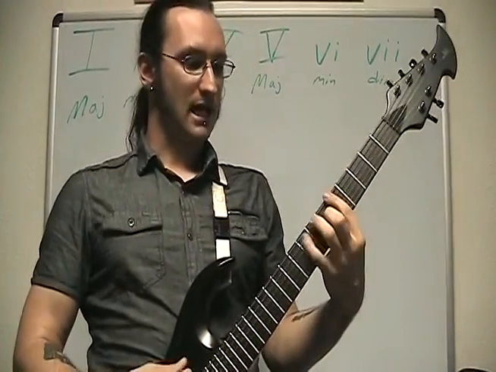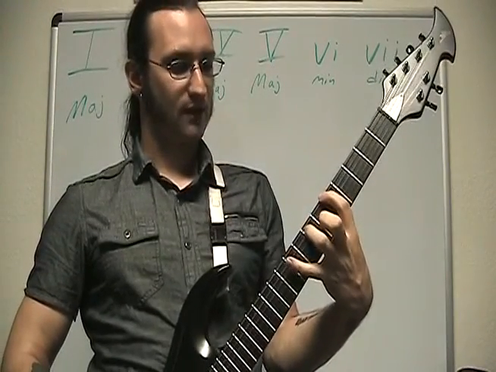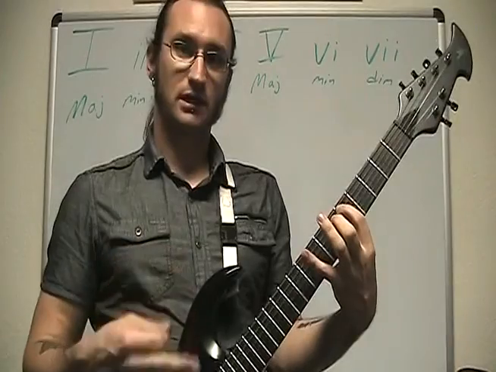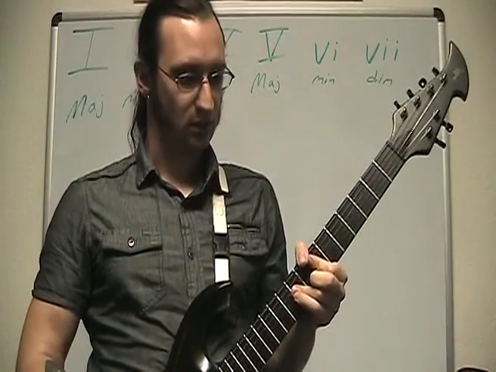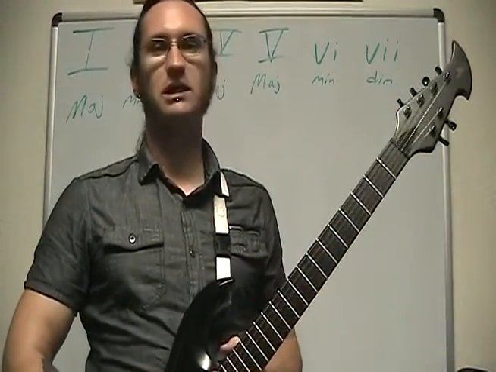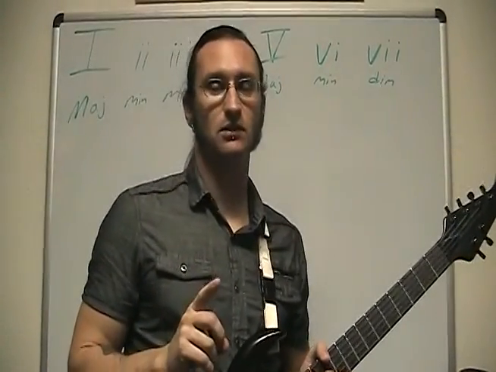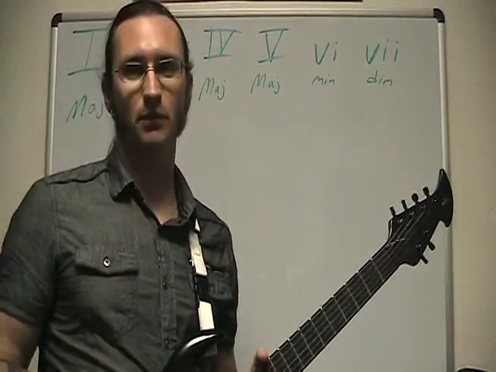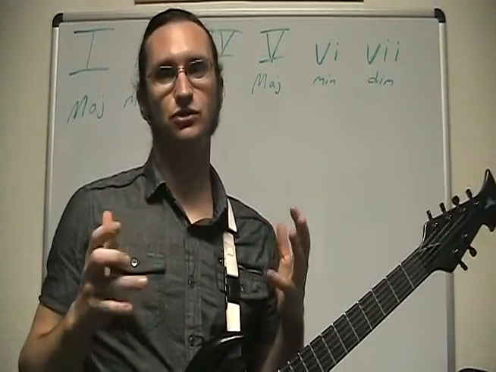We'd start on A, 1, 2, 3, 4, 5, 6, and I can see that's the 1, the 5, 6, and 4, and I just plug in the bar chords. Major, major, minor, major. Works every single time for every key, as long as it's based off the major scale, not harmonic minor, not melodic minor. That completely changes things because you're no longer working with the same note structure.